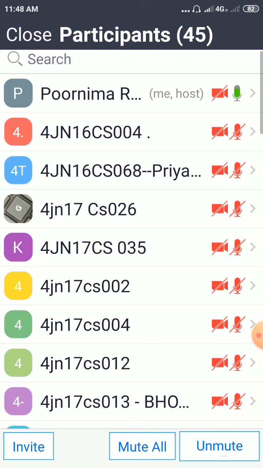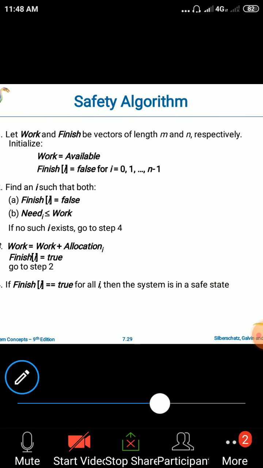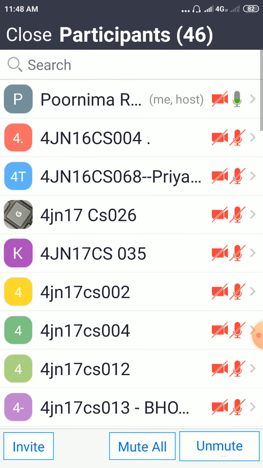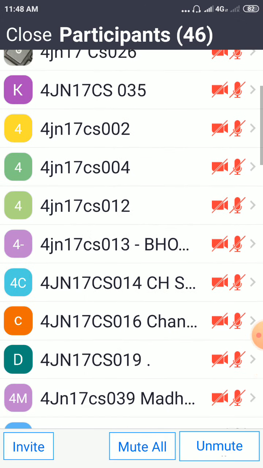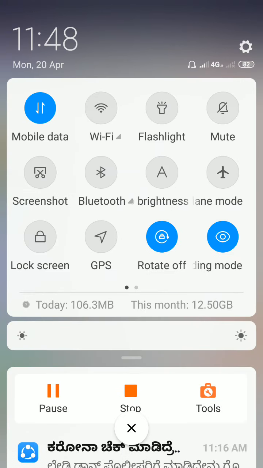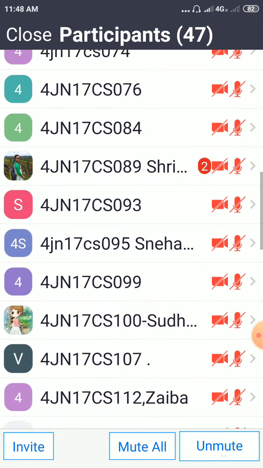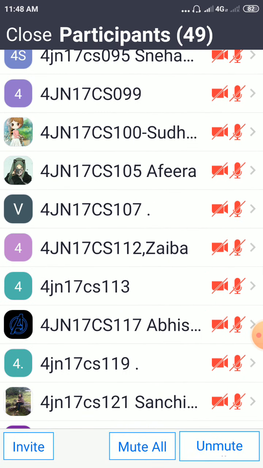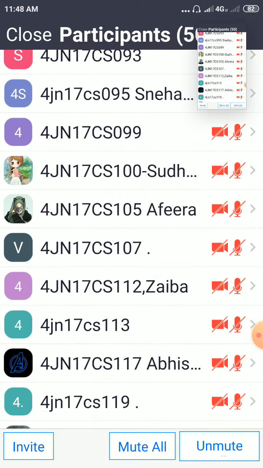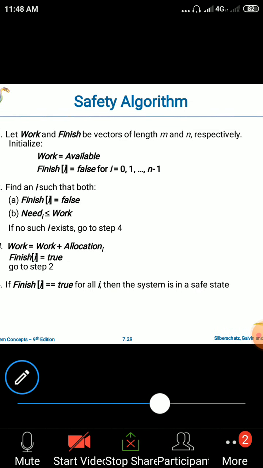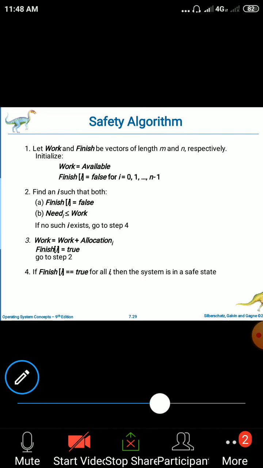Finish of i equal to false means we assume the process has not yet finished its execution. It indicates that no process has completed its execution, all are in the ready state and waiting for execution. Work equal to available indicates the available resources.